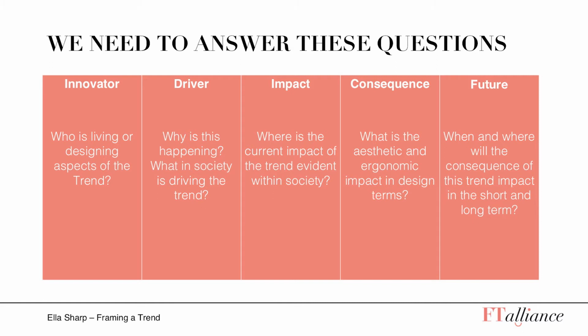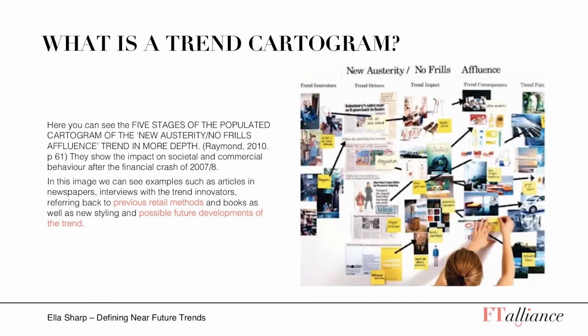All right, so here we've gone into quite a lot of depth. First of all, I'm going to read the section on the left, and it says here you can see the 5 stages of the populated cartogram of new austerity, no frills affluence. So here you can see the innovators, you can see the drivers, you can see the impact, the consequences, and the future of the trend. All right.